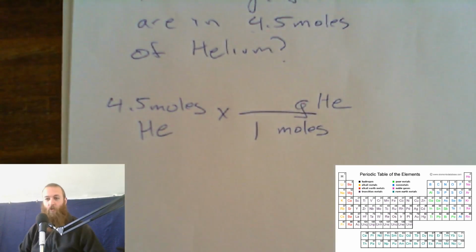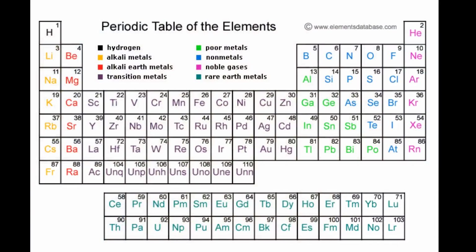Well, to do that, I have to go to the periodic table, and I find the mass. And helium, if I look at the periodic table here, it looks like the mass of helium is not even on this periodic table. Wow, that was such a drag.